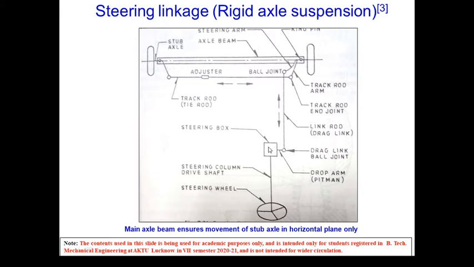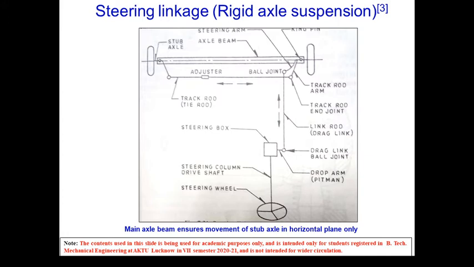In addition, it also provides the desired velocity ratio, so that a much smaller movement of the stub axle is obtained with a large angular movement of the steering wheel. This depends upon the steering ratio that we are maintaining. We'll discuss the steering ratio also in upcoming slides.